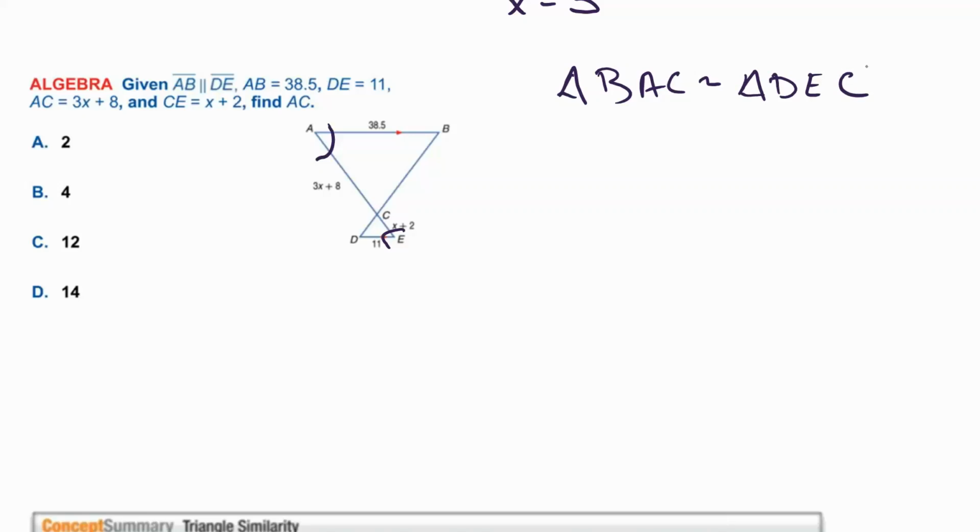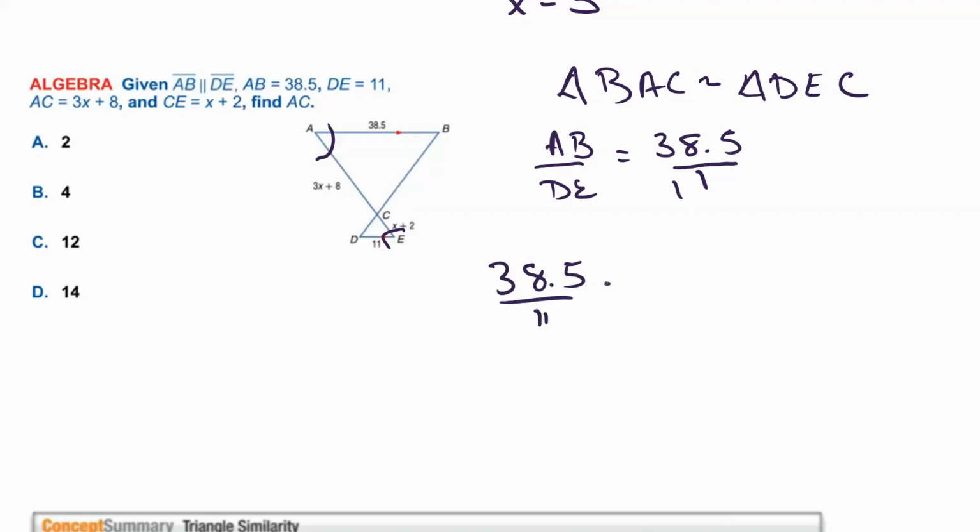We need to find the scale factor, so we can look at AB over DE, which is 38.5 over 11. So 38.5 over 11 equals 3x plus 8 over x plus 2.